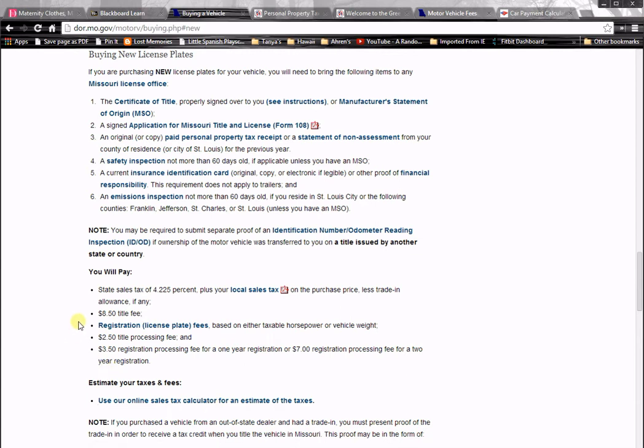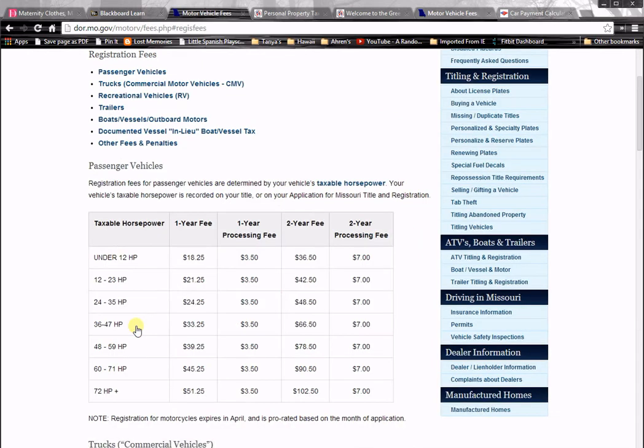Other than that, you have to have a title. Title is a one-time fee, $8.50 to register the title, and $2.50 processing fee for a total of $11. Annually, you'll pay a registration or license plate fee. Even though they have 2-year fees, they're just double 1-year fees. So multiply the 1-year fee plus the processing fee times 5, based on taxable horsepower, which, as you can probably guess, is much less than actual horsepower.